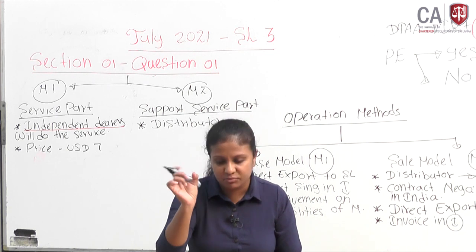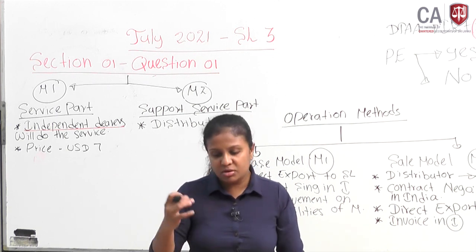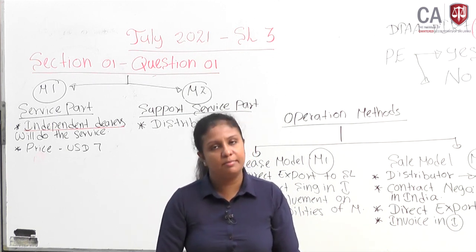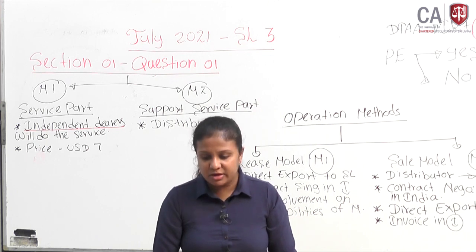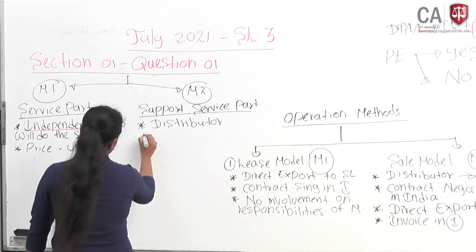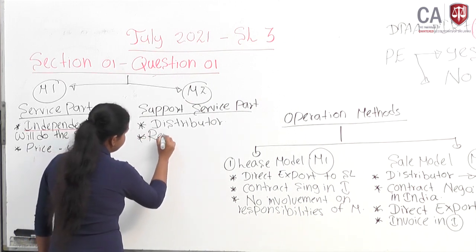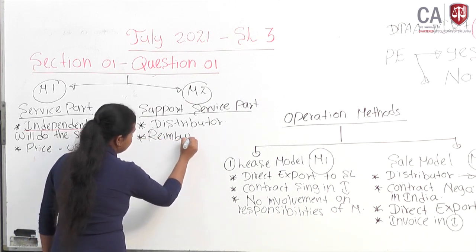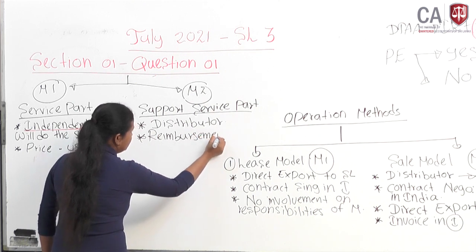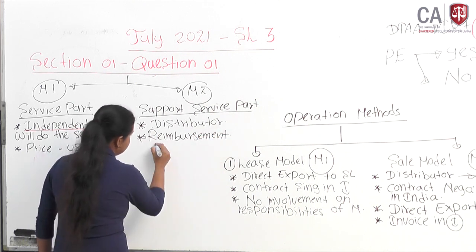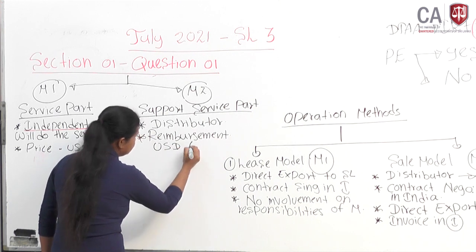What is the value of reimbursement? Cost plus 5% markup, which is $6.